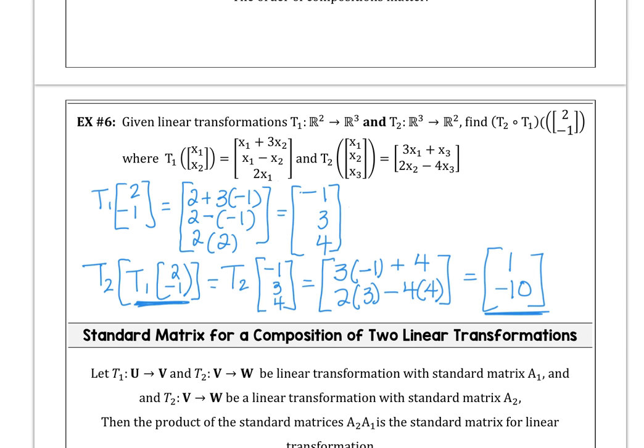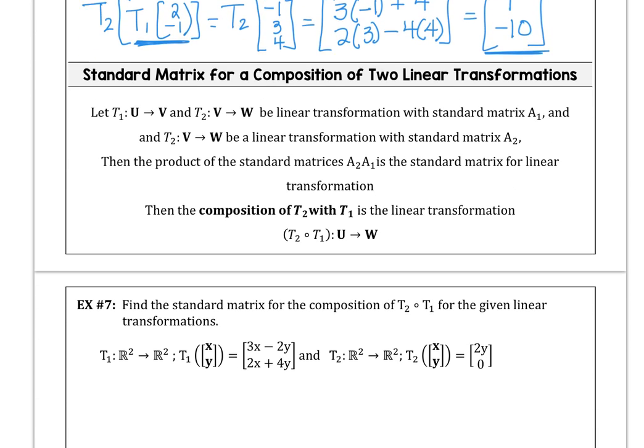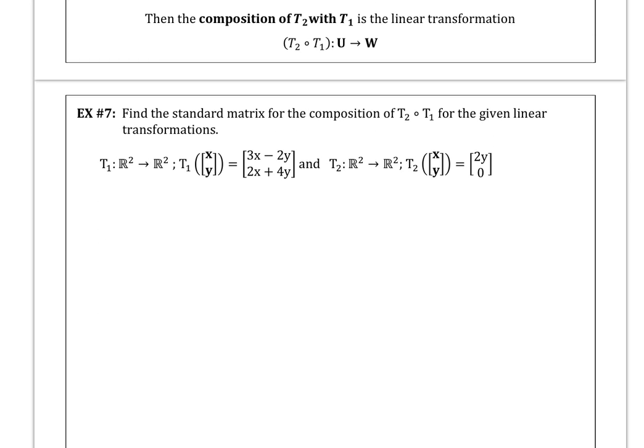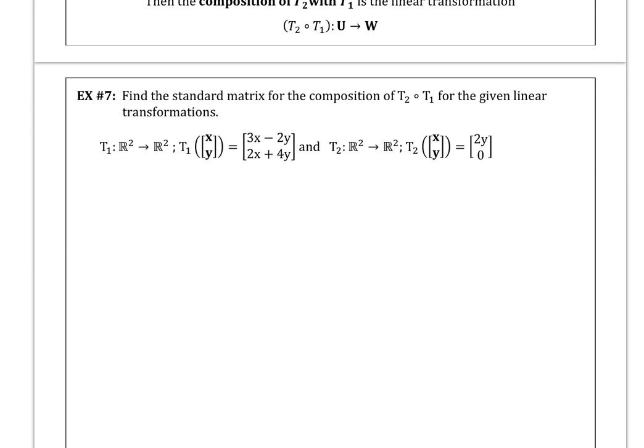Standard matrix for a composition of 2 linear functions. We want to find the standard matrix for the composition of T2 composed with T1 for the given linear transformations, where T1 is mapping 2 dimensions to 2 dimensions using this rule, and T2 is staying 2 dimensions to 2 dimensions using this rule.